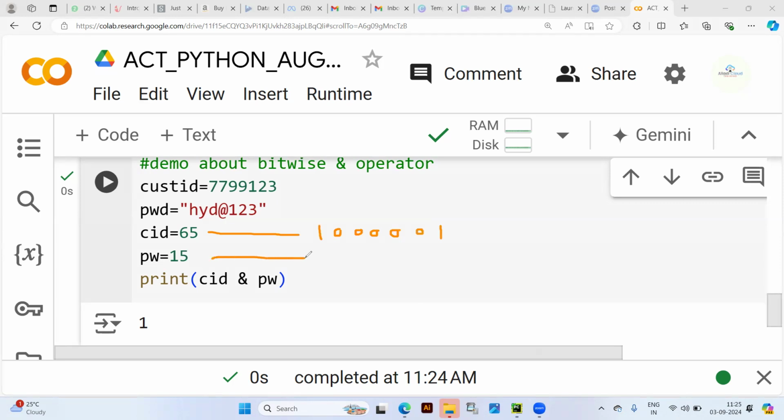Similarly, 15 is 1 1 1 1, the rest all zeros. Now, what operation are we performing? Bitwise AND operation. Here, true and true would become true. True and false, false and false.